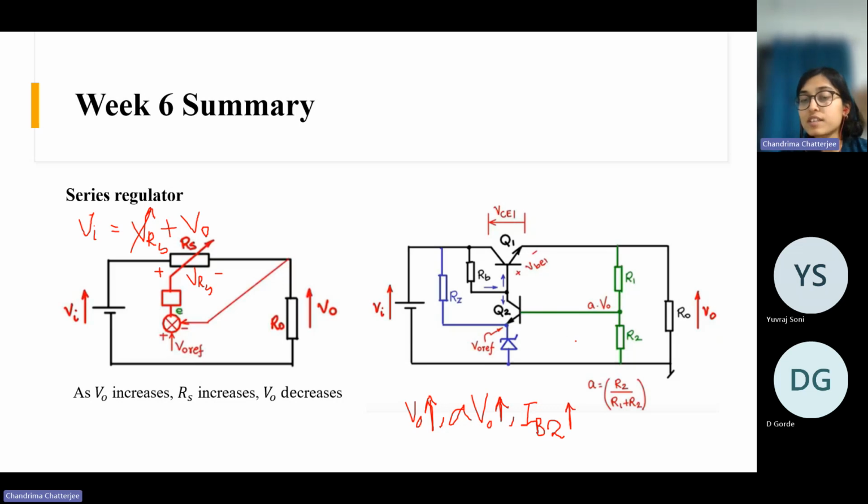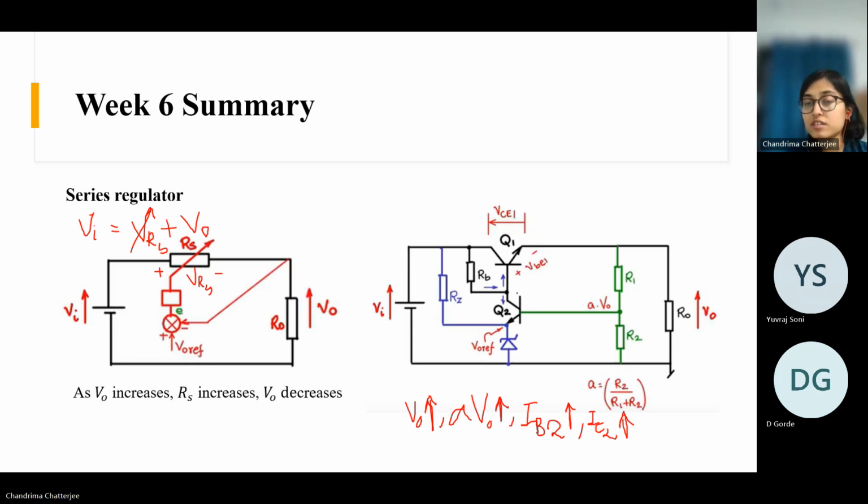If IB2 increases, then obviously the collector current through Q2 will also increase, right? Beta times IB, so as IB increases, I collector will also increase. So Q2 is drawing more current. But the current through the RB is more or less constant. Why?